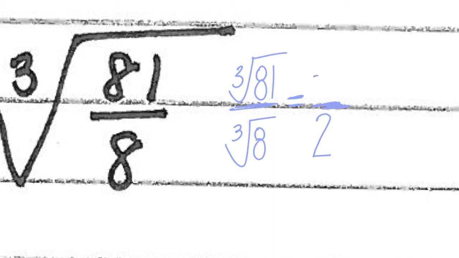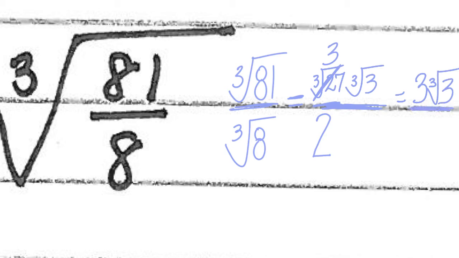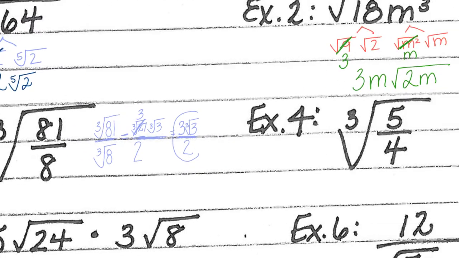Yeah, the perfect cube is 27, and I know that 27 times 3 gives me 81. Well, the cube root of 27 is 3, so my final answer is 3 times the cube root of 3, all divided by 2. A lot of 3's in that one.